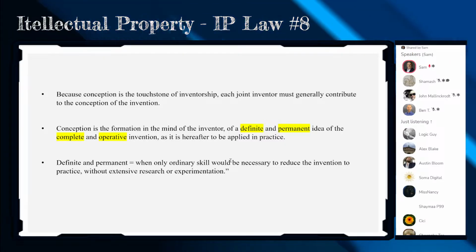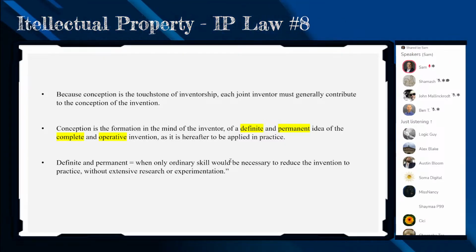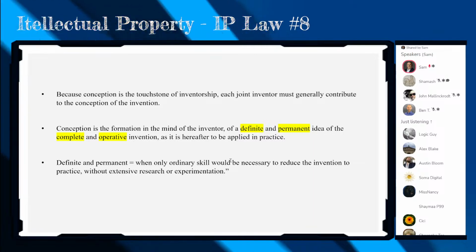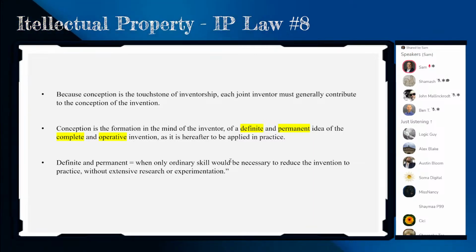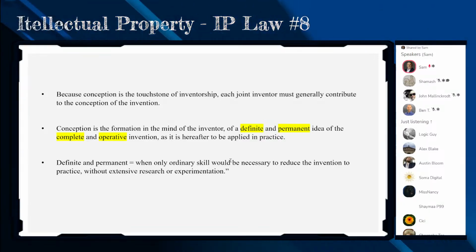Why? Because that compound and the manner to make it, the idea of that was formed in my mind, and that idea was definite and permanent, meaning that it was definite because I said this compound, and it was permanent because I didn't forget about it the next day.